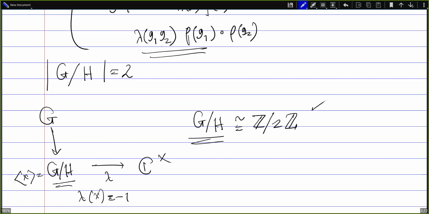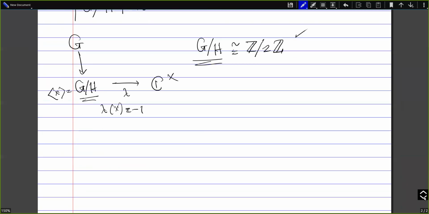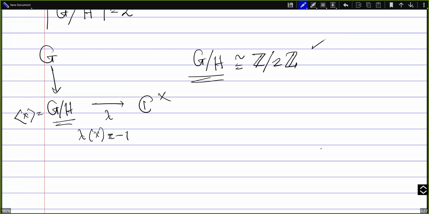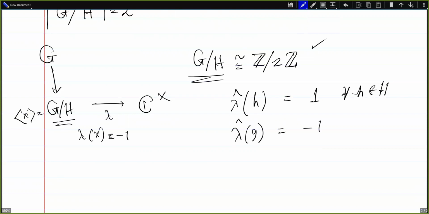Okay, so once we lift that to G, we get the following one-dimensional representation of G, such that lambda hat of h is identically 1, and if g does not belong to H, then when it projects down to G modulo H, it comes to x.